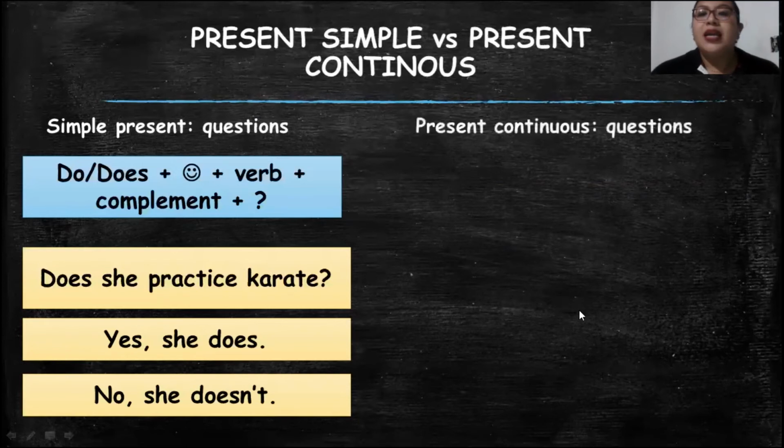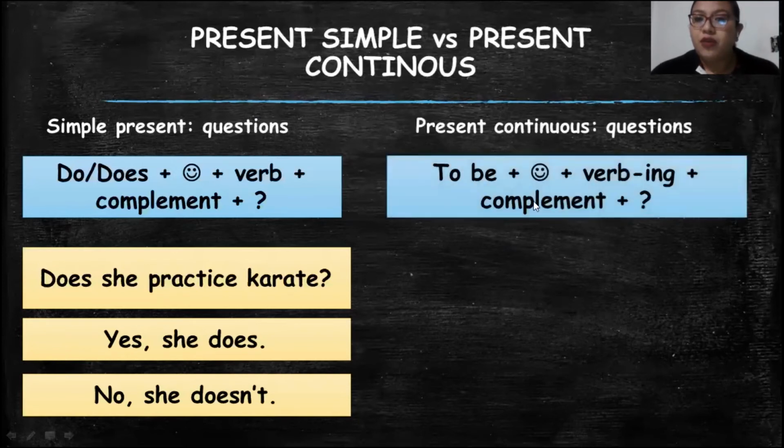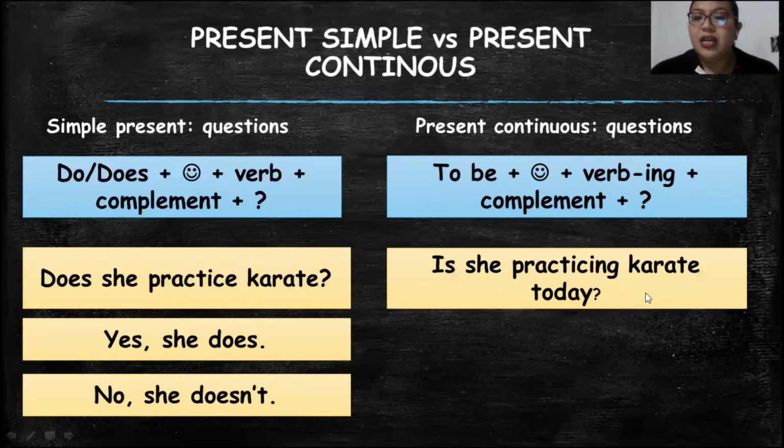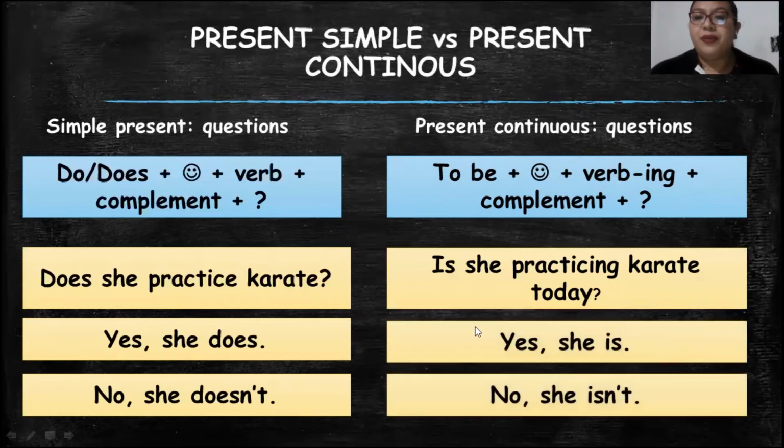Okay, then in present continuous, we have the questions. And for the questions, we need to use the verb to be, the subject, the verb with ing, and the complement. Okay, so here we have an example. Is she practicing karate today? Yes, she is. No, she isn't.